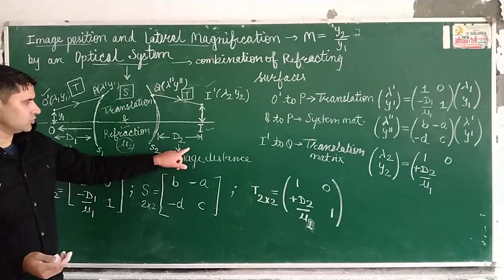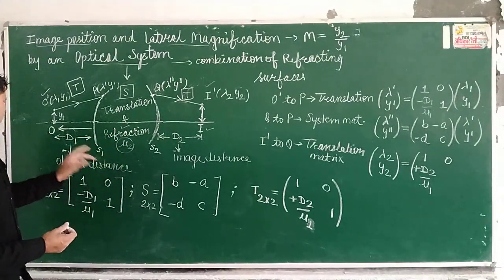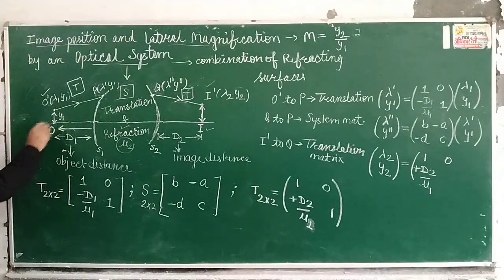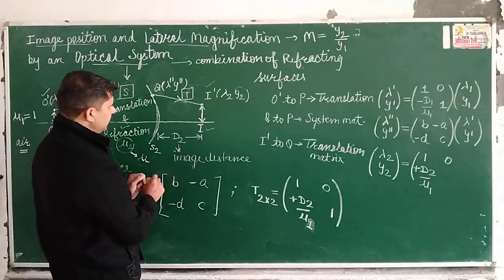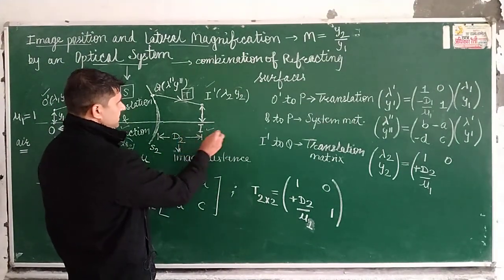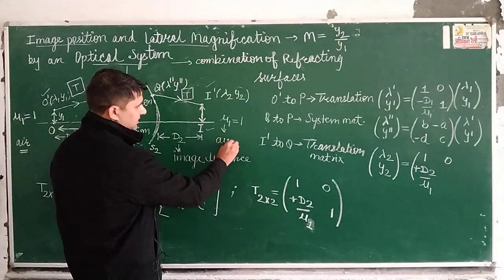That's why we are writing mu1 and mu2, to differentiate them. If this optical system is placed in an air medium, then the refractive index mu1 will be equal to 1, because it is placed in air, and the refractive index of this space will also be equal to 1 if this medium is air.